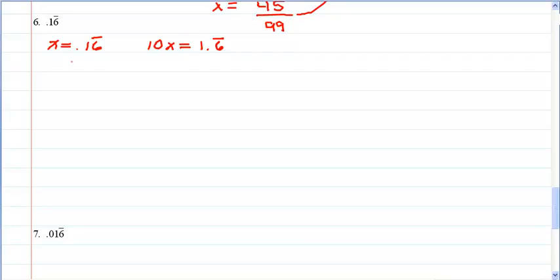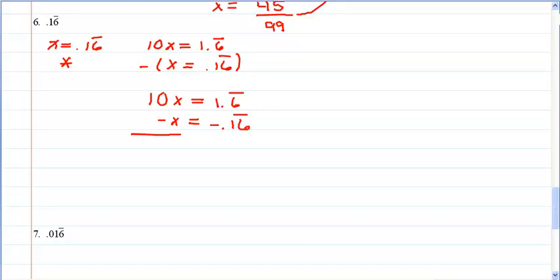And I'm going to subtract this equation, so all of my repeating parts are to the right of the decimal, and I have 10x equals 1.6 repeating, and then minus x equals negative 0.16 repeating.